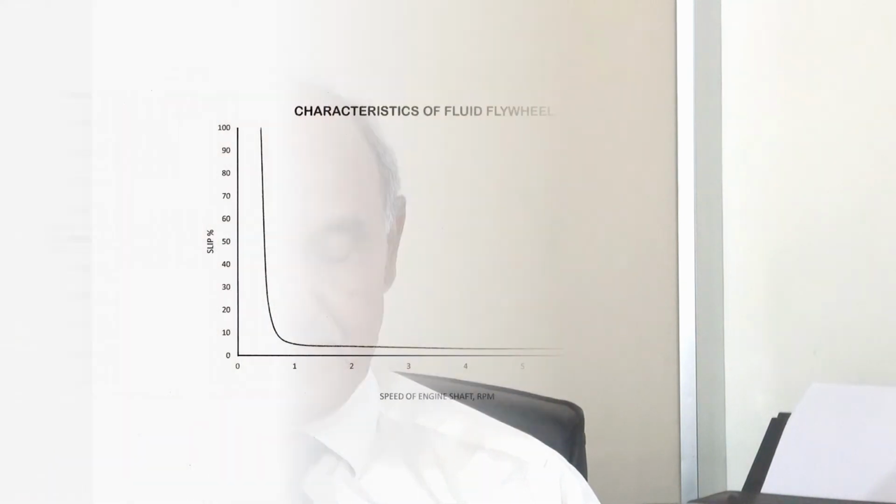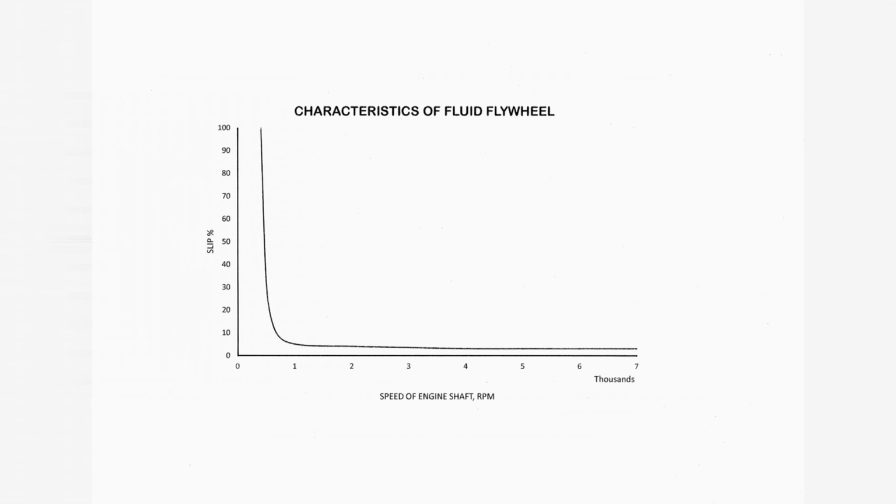So the minimum value of percentage slip remains 3, which indicates that two shafts are not rotating with the same speed. The percentage slip at any engine speed, however, depends upon the torque being transmitted. This curve is based on the assumption that engine exerts full torque at every speed.